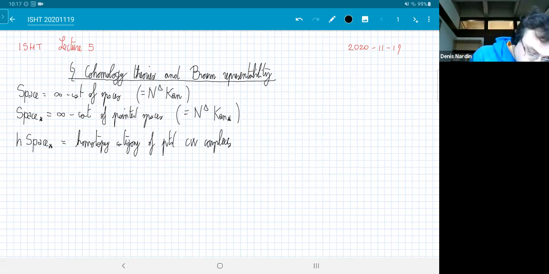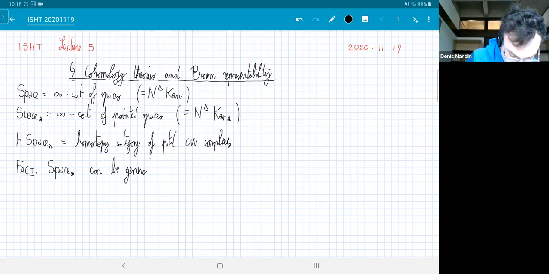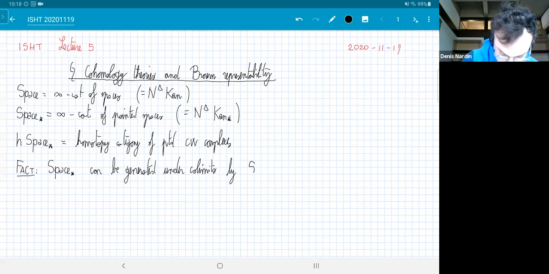So, important facts that we're going to need. The important fact is that pointed spaces can be generated under colimits by spheres.